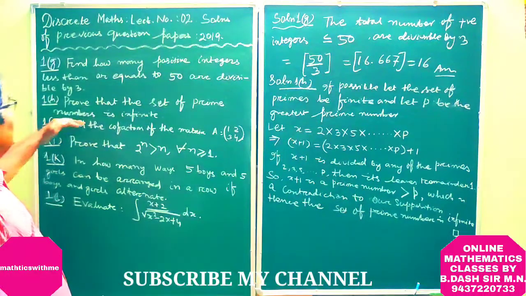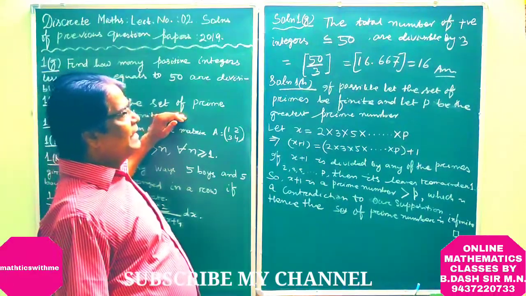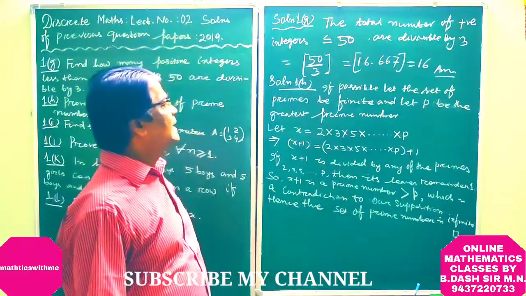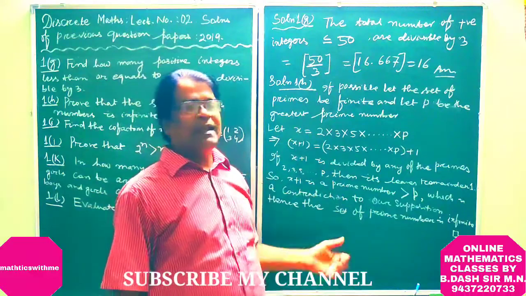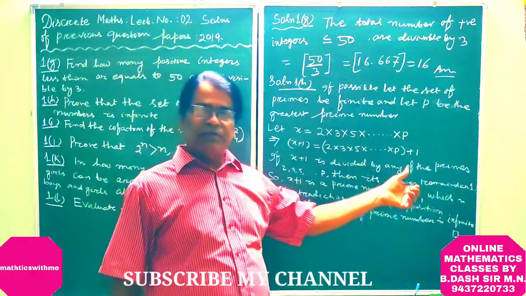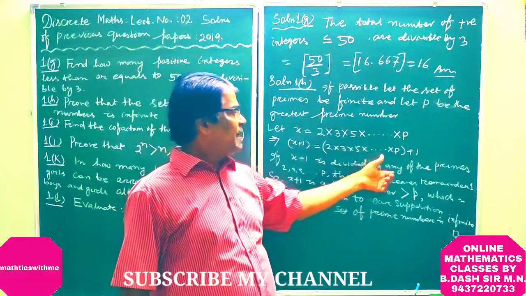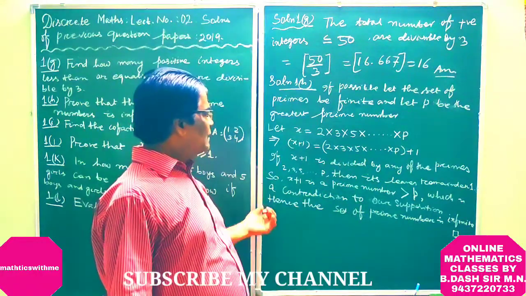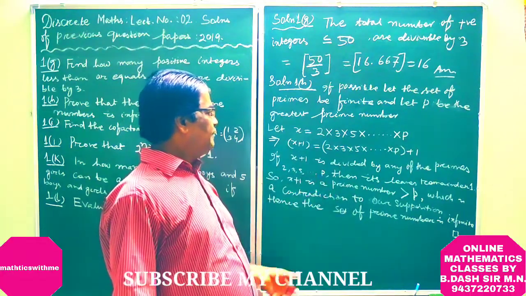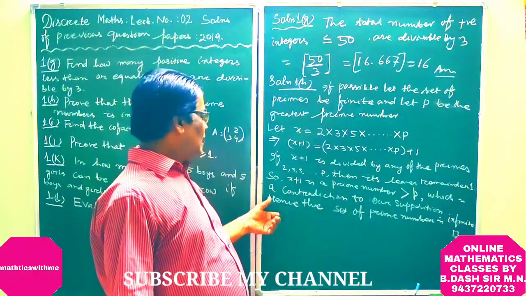So here the question is: prove that the set of prime numbers is infinite. In order to prove, let us take, if possible, let the set of primes be finite and let P be the greatest prime number. Let X be the product of such prime numbers. Then X plus 1 is equal to the product of these prime numbers plus 1. When X plus 1 is divided by 2 or 3 or 5 or P, any of the primes, it leaves remainder 1.